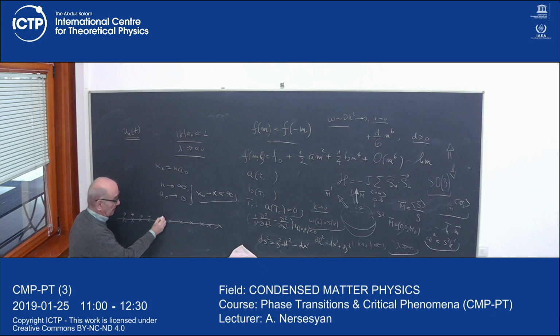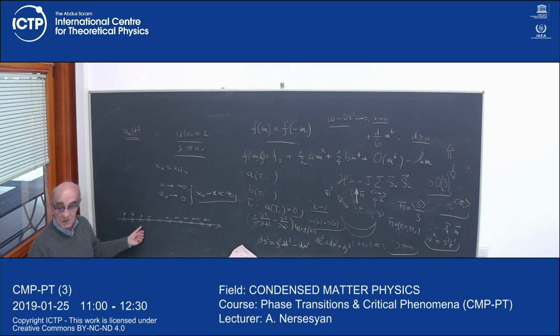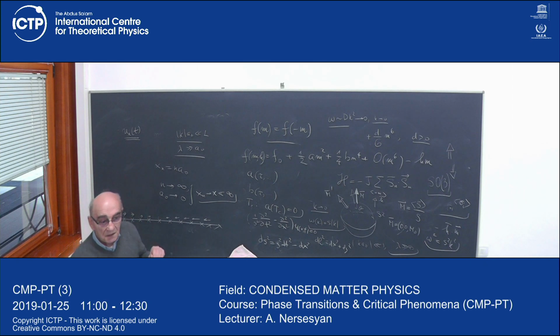Then here I can start moving in the opposite direction, increasing the displacement. So you see what happens? I have large groups of atoms moving almost with the same phase.